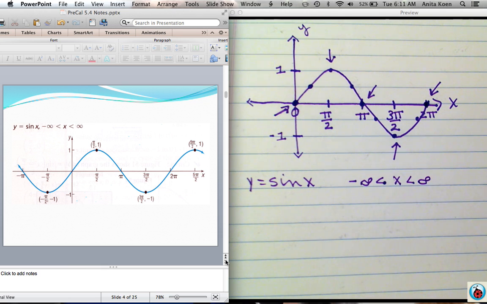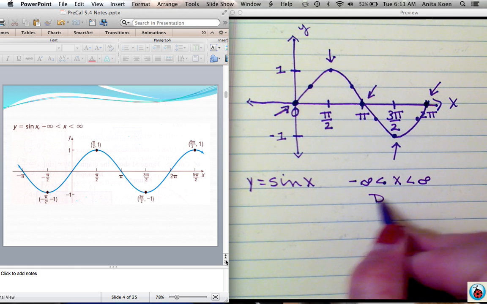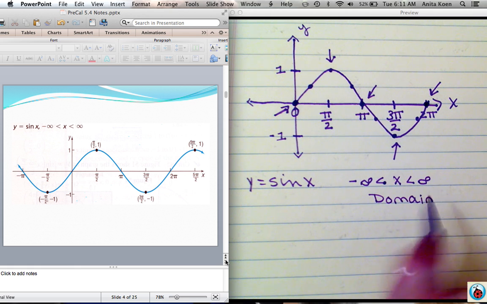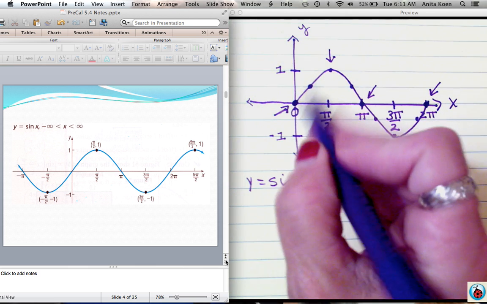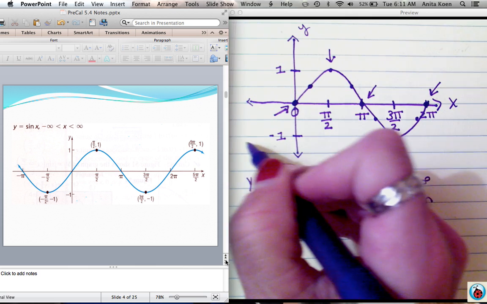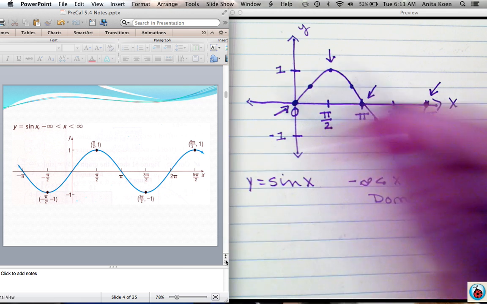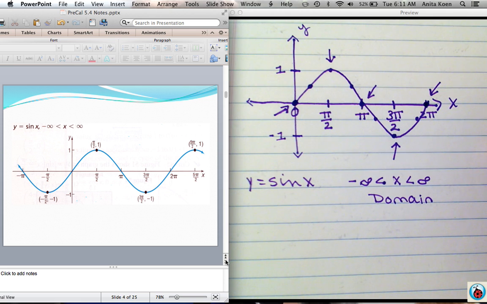So we're talking about the x's that we're allowed to put into the sine function, which is the domain, from negative infinity to infinity. All real numbers x can go into the sine function. So that means that this sine function continues to the left and continues to the right.